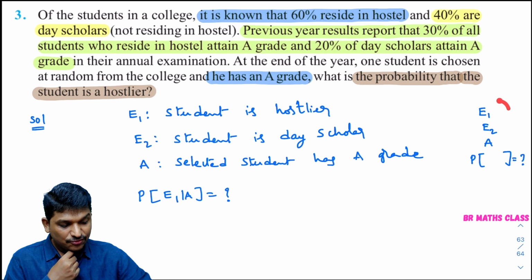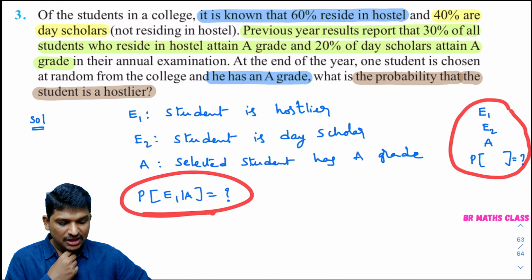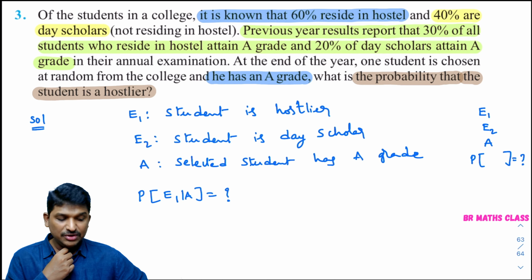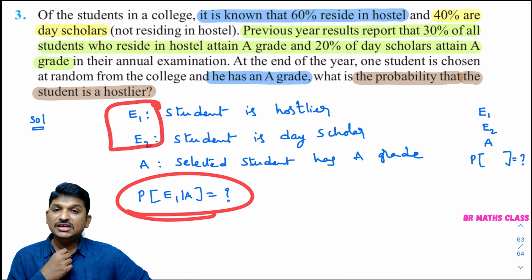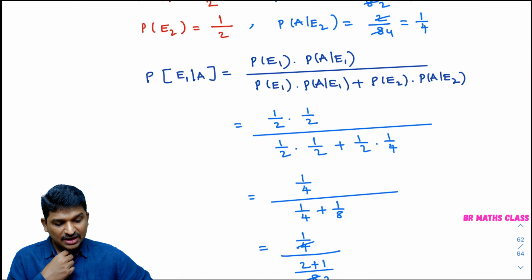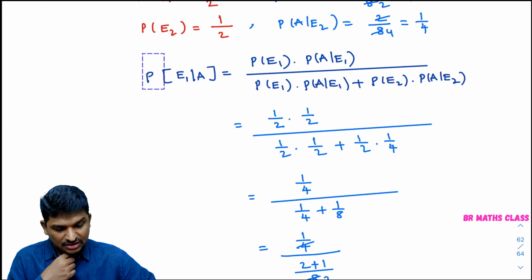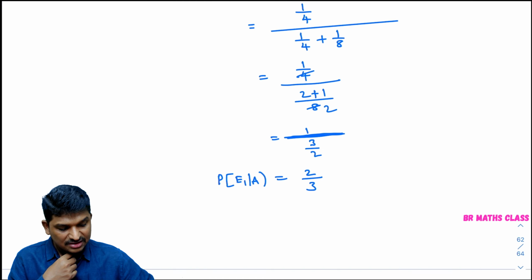See here, these four things, we identified those things. Now you need to calculate probability of E1 by A. In the last problem also we calculated probability of E1 by A, and the number of Ei's is 2 only in the last problem also. So what is probability of E1 by A? I'll just simply copy instead of writing all the things. This is probability of E1 by A. Copy this.